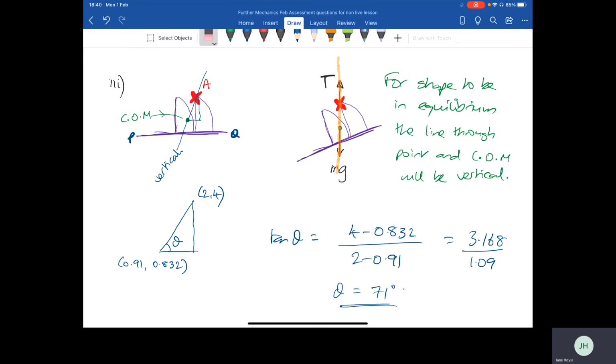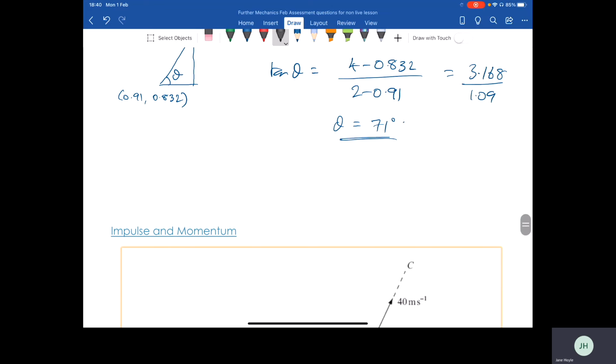I think I'd always mark on my vertical. Even if I knew, I'd still do the same as I've done here, because that vertical line, this orange highlighted line, is in equilibrium, isn't it? So just at the end, the angle with horizontal is 90 minus 71, so it's 19 degrees.